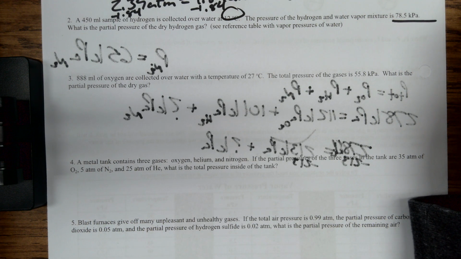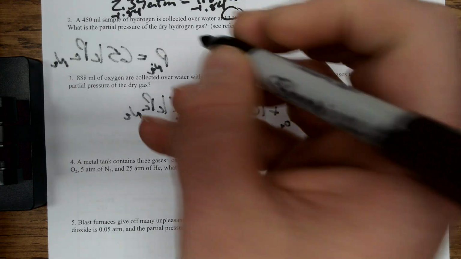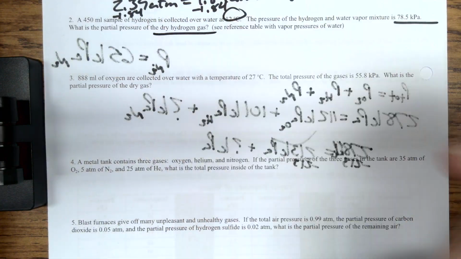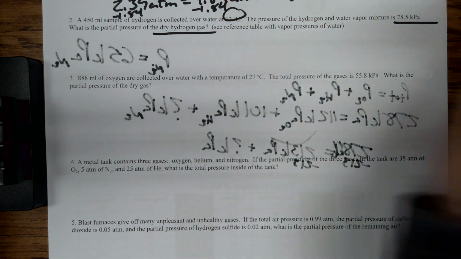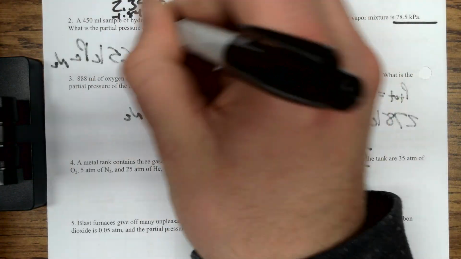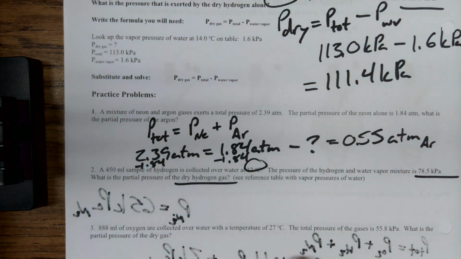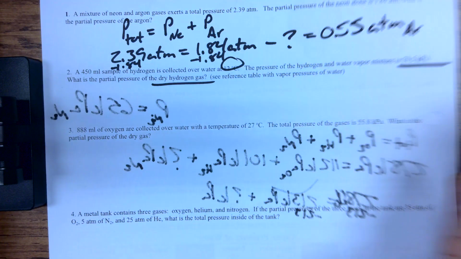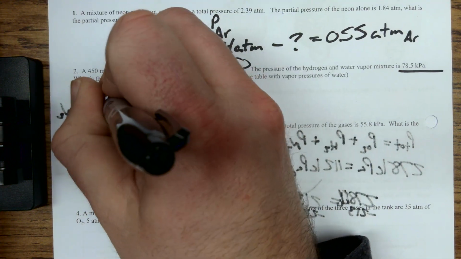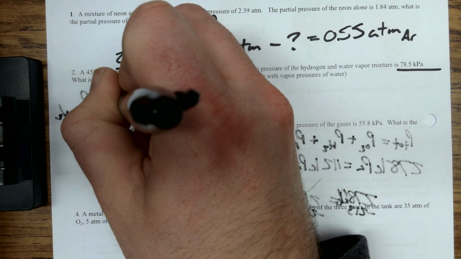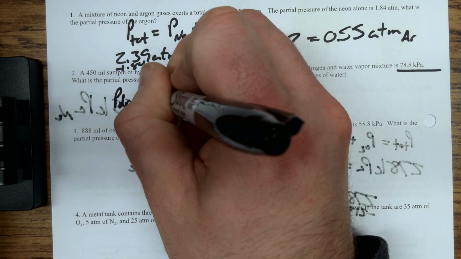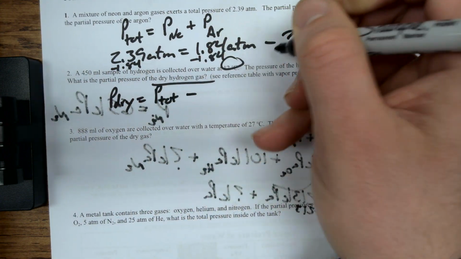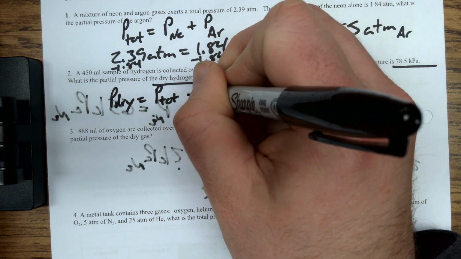We need to figure out what is the partial pressure of just the dry hydrogen. So I grab my handy dandy dry equation. My pressure of dry is equal to the pressure of total minus my water vapor.